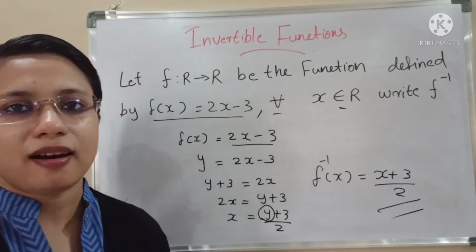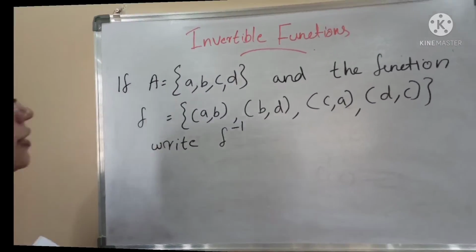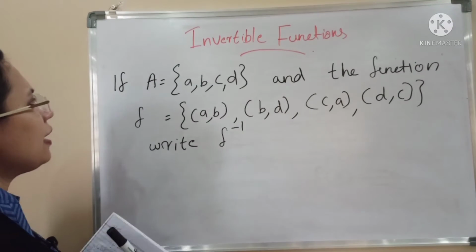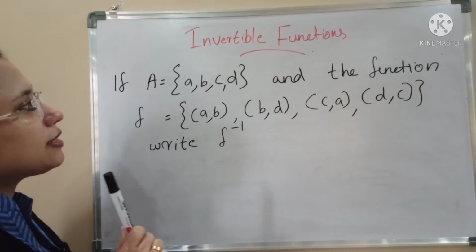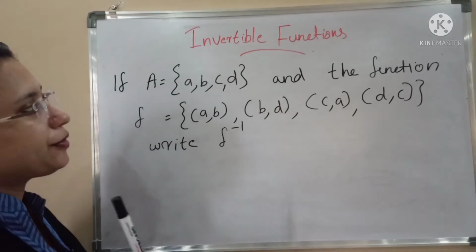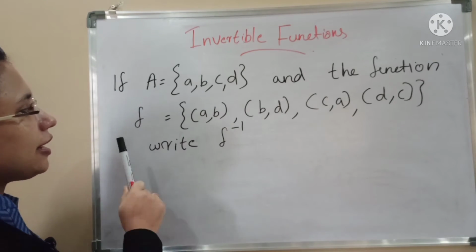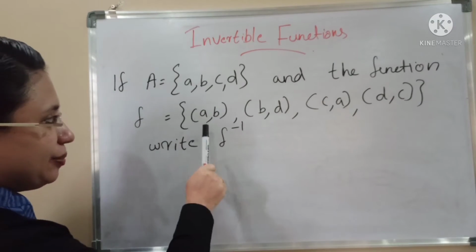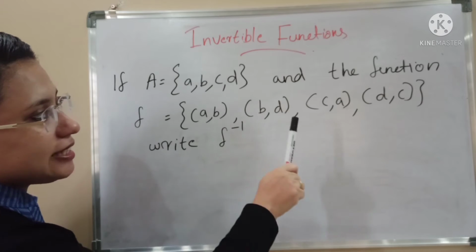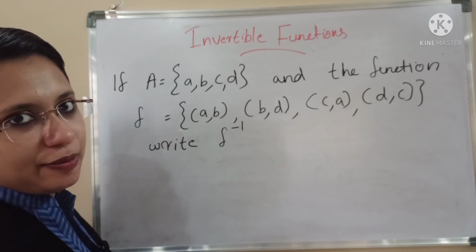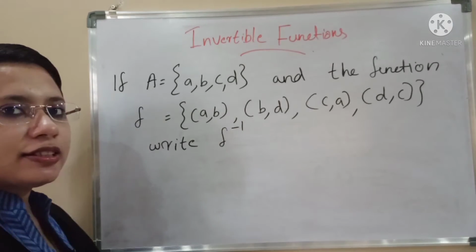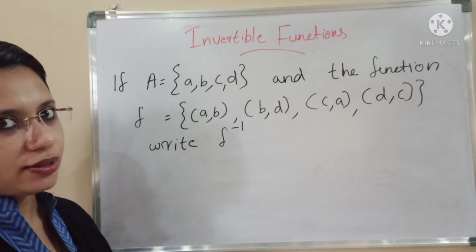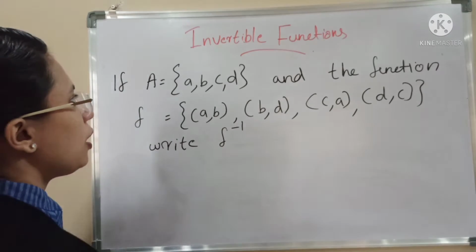This will be our answer. Clear? Our next question is, if A equals {a, b, c, d} and the function f equals {(a,b), (b,d), (c,a), (d,c)}, write f inverse. So how to write that?